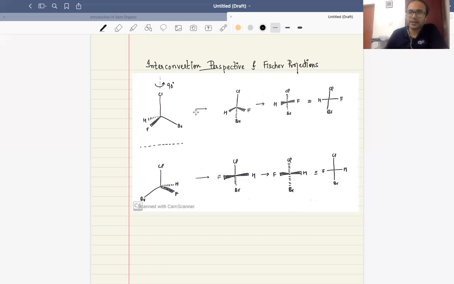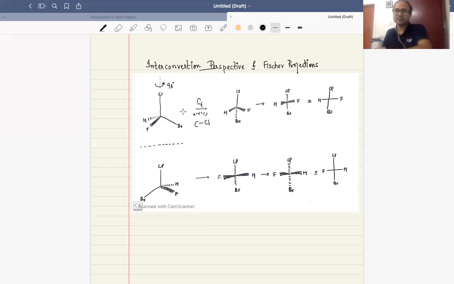When you rotate by an angle of 90 degrees, that is when you perform a C4 operation across the CCl bond, what happens? The Br is pushed in the backward direction.